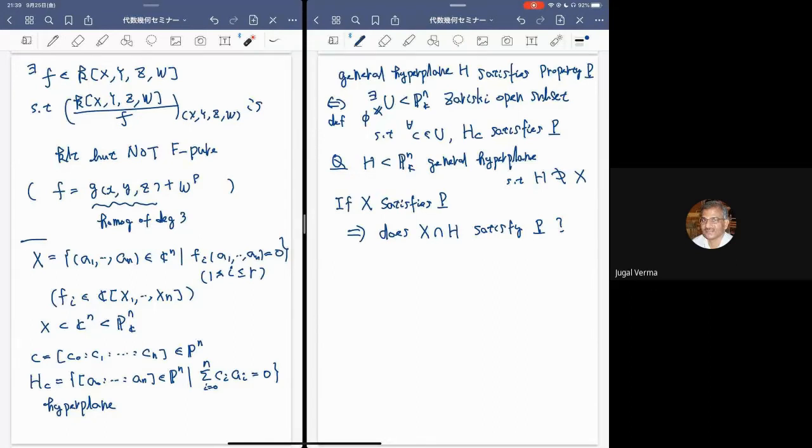Yeah, this kind of problem is very classical in algebraic geometry, and Miles Reid proved the following: if X has only KLT singularity, then the intersection with H also has KLT singularity.